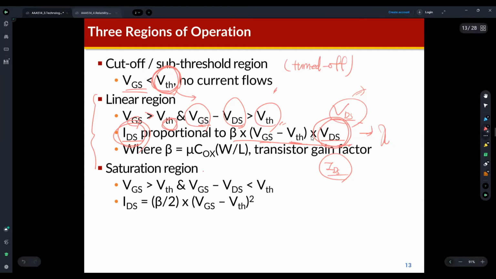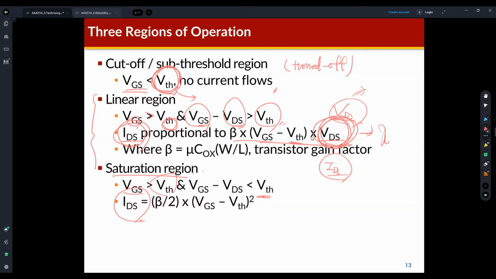And then the saturation region. In the saturation region, the VGS is also high, but VGS minus VDS is below the threshold voltage. In this case, it's a saturation region. In the saturation region, we can also observe some current, but this current is not proportional to the VDS.